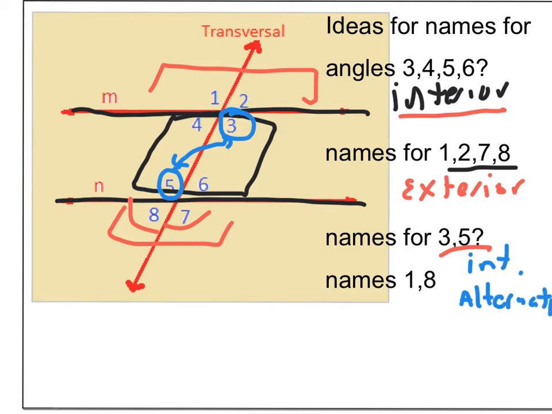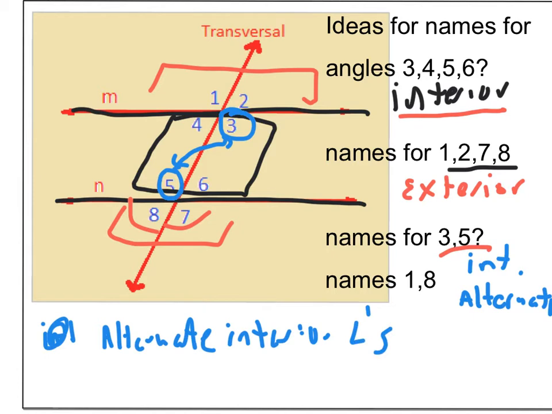Let me start with alternate because it usually appears first. A-L-T-E-R-N-A-T-E, alternate interior angles. And those are 3 and 5. That's a pair of alternate interior angles.